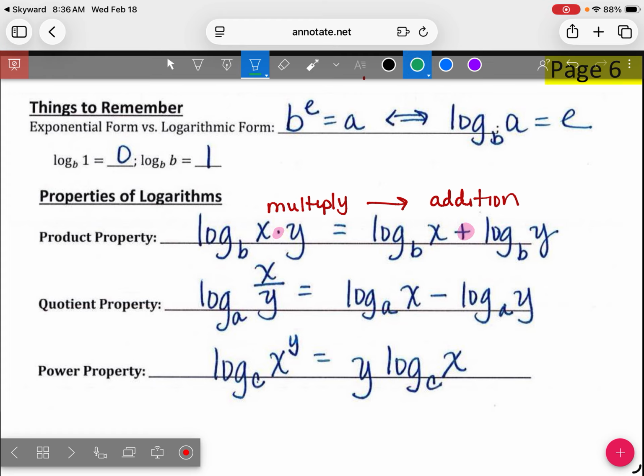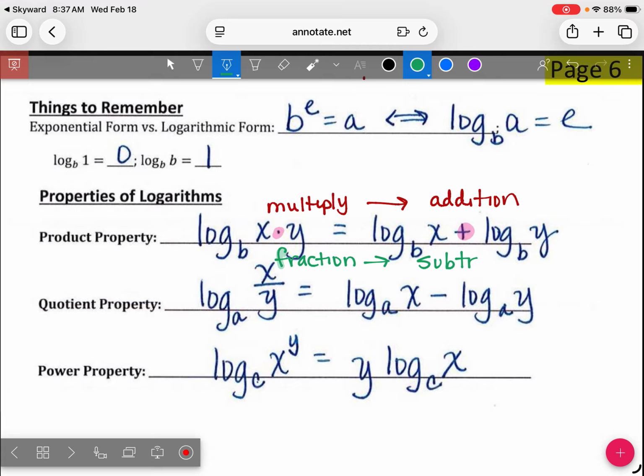And then if you see a fraction, which means division, you're going to change that to, what's the opposite of addition? Nope, not addition. Subtraction. Did I say division? I don't know what I said.